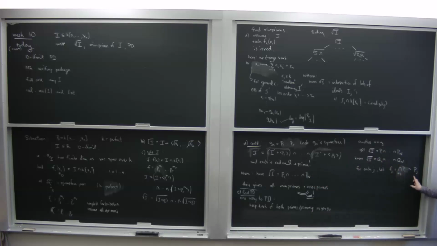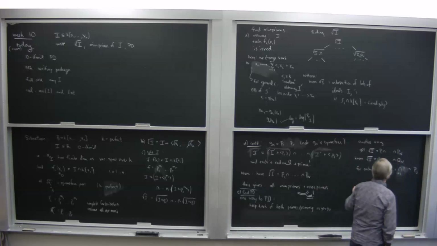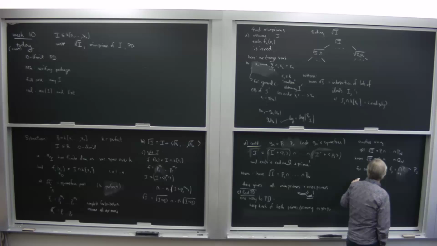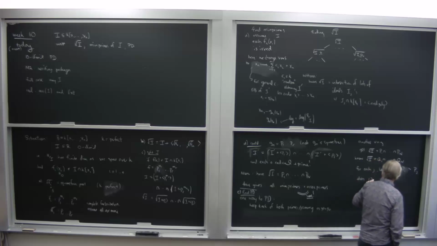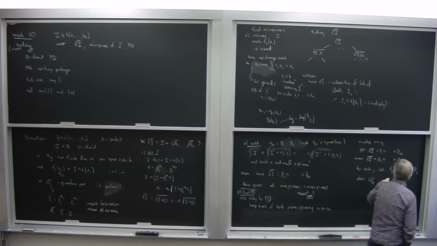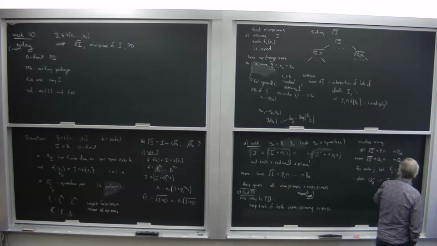The fact that there is such an element is essentially prime avoidance, and that takes a little lemma in commutative algebra to show that it exists. But once you have that, Qj is equal to I colon Fj infinity.